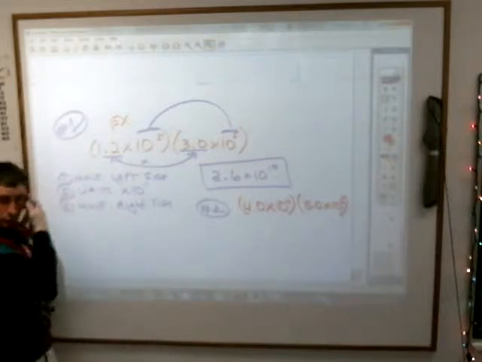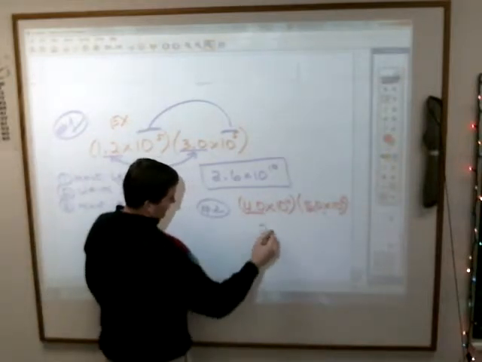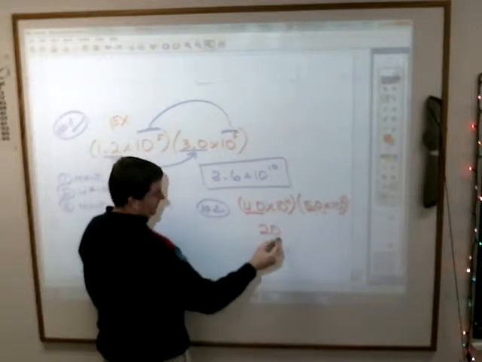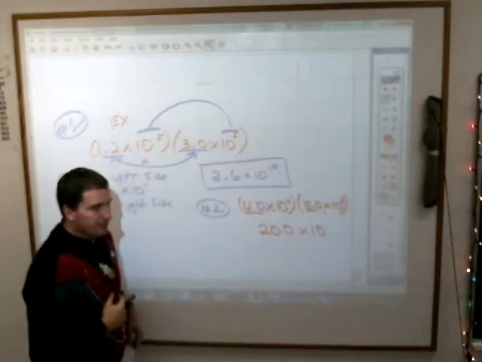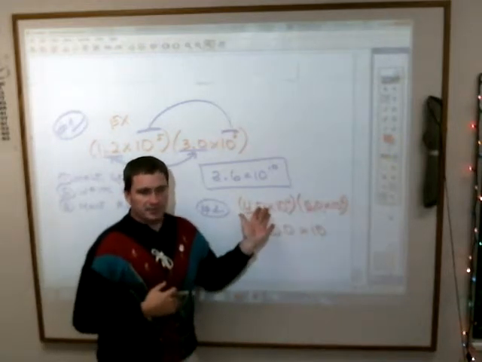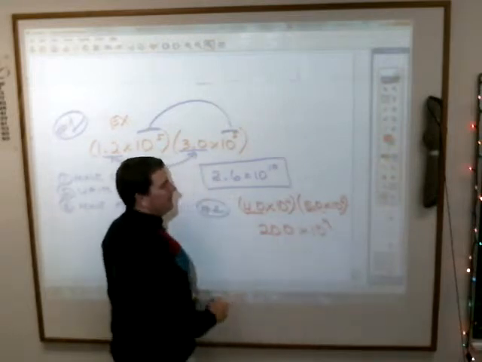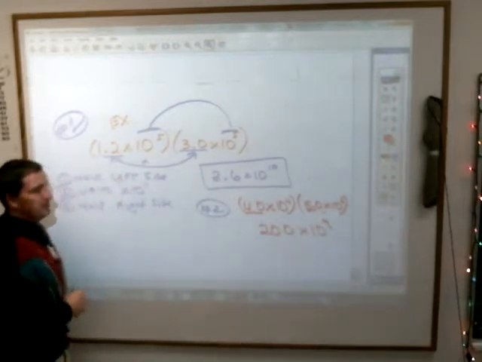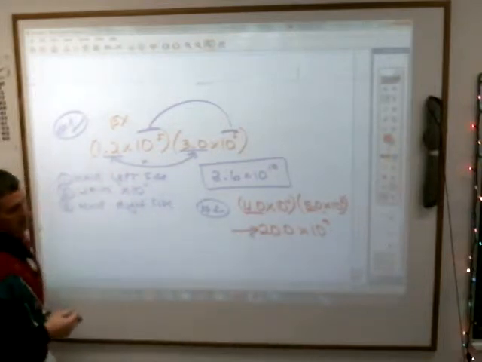Following the rules, you'll see where we run into trouble here. Left side, 4 times 5 is actually 20, or 20.0 if you want, times 10. And the only thing you have to remember is you're always going to add these exponents together. So 4 and 5 adds together to give you a 9. That's close to my answer, but it's not right because I can't have a 20 in scientific notation.